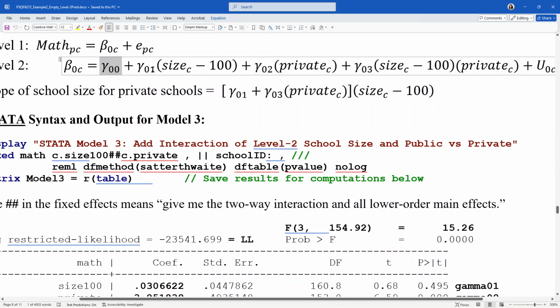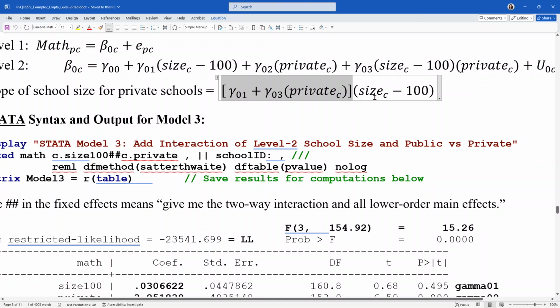So grab all of the terms that have the predictor whose slope you want. That's step 1. Step 2 is to factor out that variable. So I factor size out of here, I factor size out of here, and then inside the brackets is what's left.